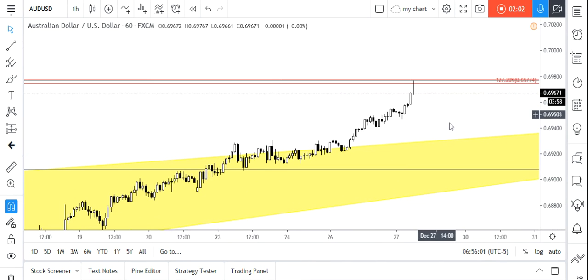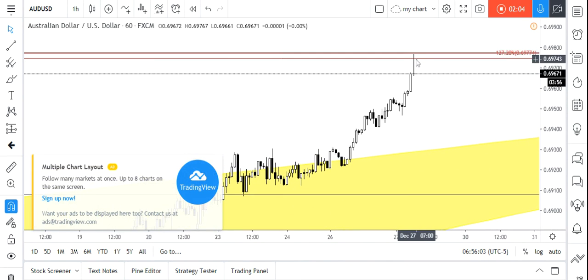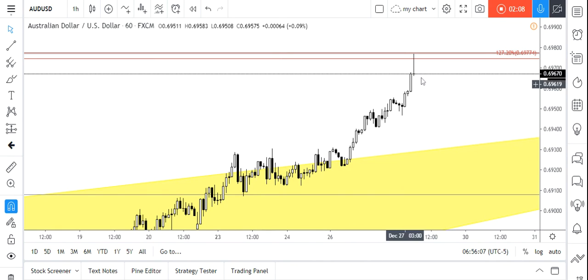We'll look at this current candle. This current candle seems to be a shooting star. If price closes slightly below the opening price, or even at the opening price, this will be a perfect shooting star.